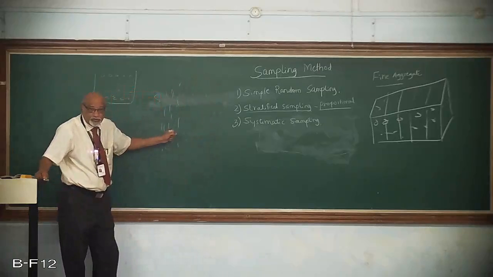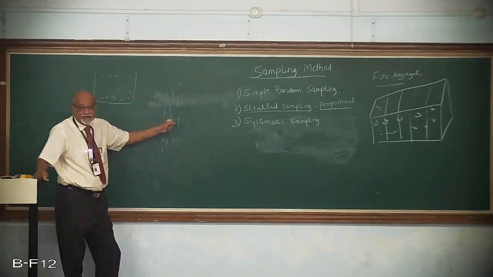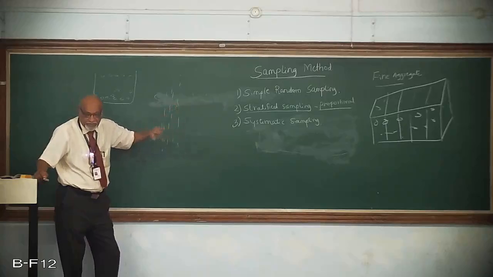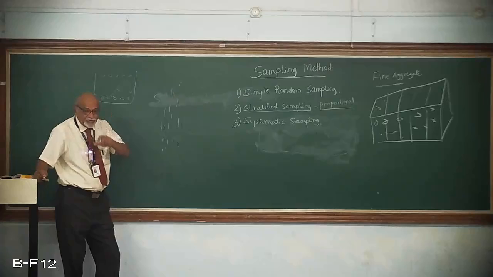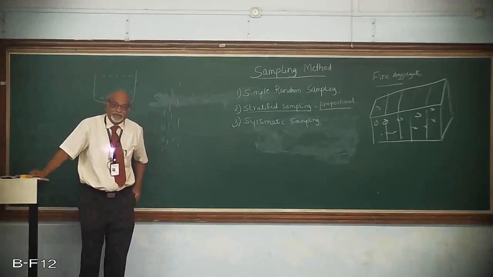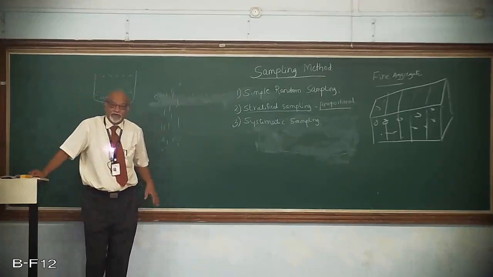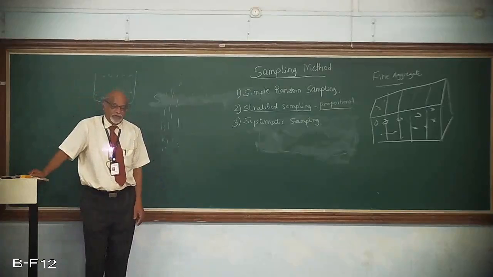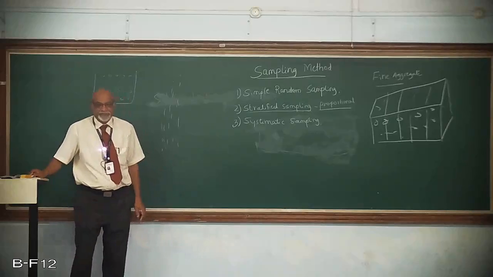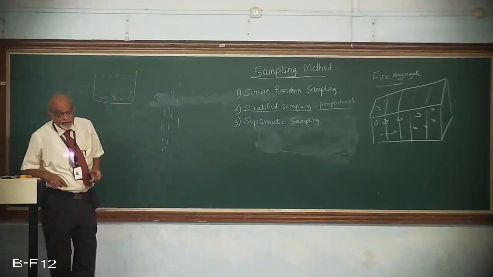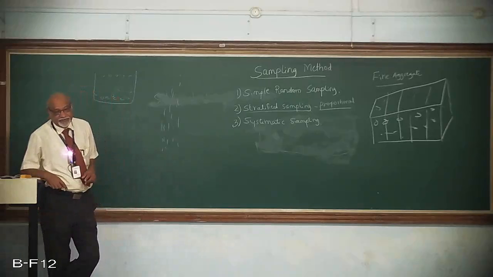But how do you generate the random numbers from the random number table? See, the crux is, nowadays computers are there for generating random numbers. It might have lost its significance, but yet I think it is a relevant example at this point of time.